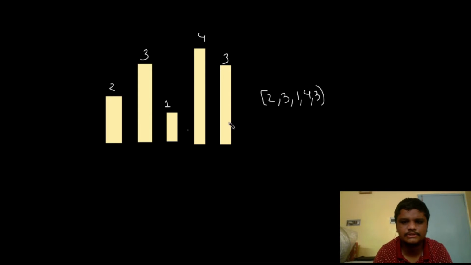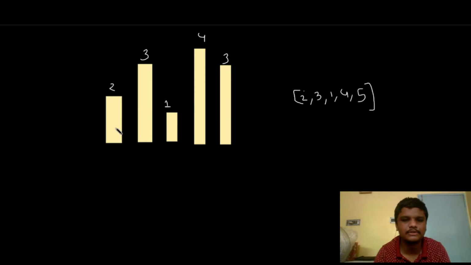We are at 2. Then we check 2 comma 3. The minimum between 2 and 3 is 2. Then we multiply that with the distance. The distance between 2 and 3 is 1, so we get 2 over here.